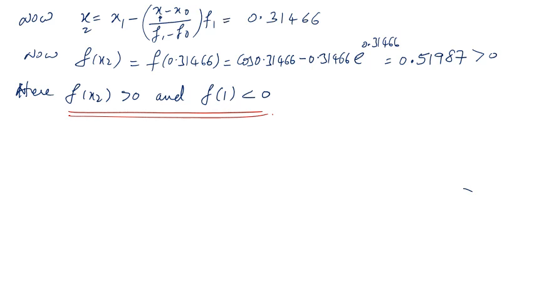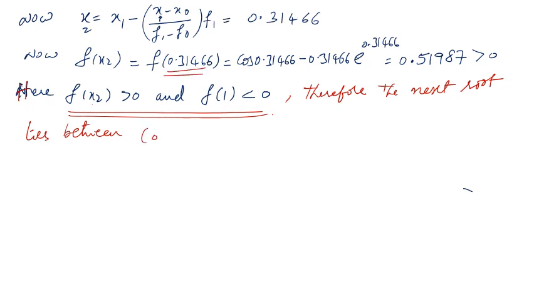In the regular false method we have to locate the interval at each stage. Here f of x2 is positive and f of 1 is negative, therefore the next root lies between 0.31466 comma 1, and you treat this interval as the new one, xk minus 1 comma xk.